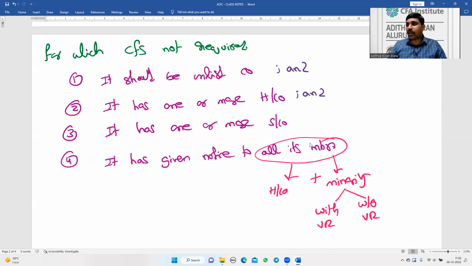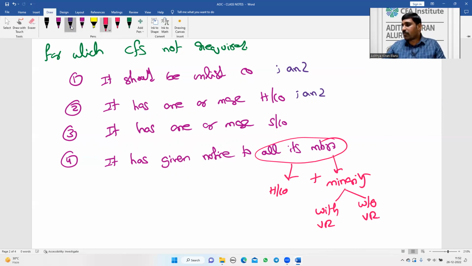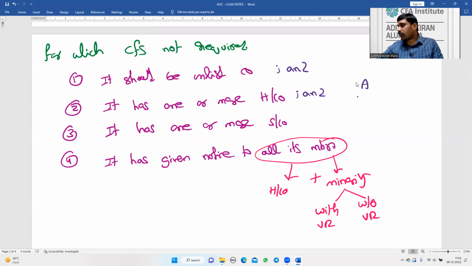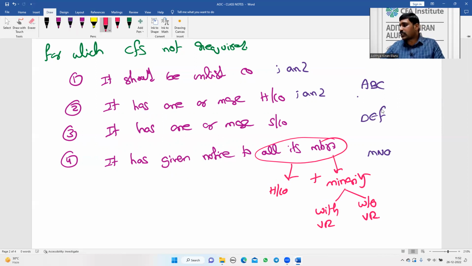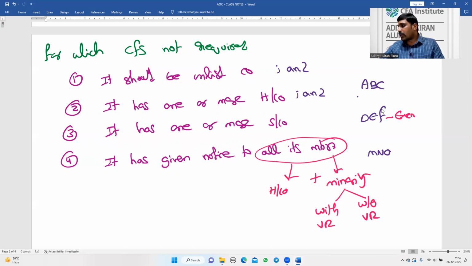So I am a company. Say for example, here what I am discussing is, if you look at these three companies, ABC, DEF, MNO. Now I am talking about exemption to this MNO. ABC is a holding and DEF is a subsidiary.